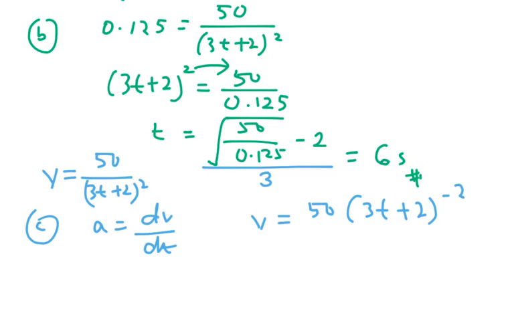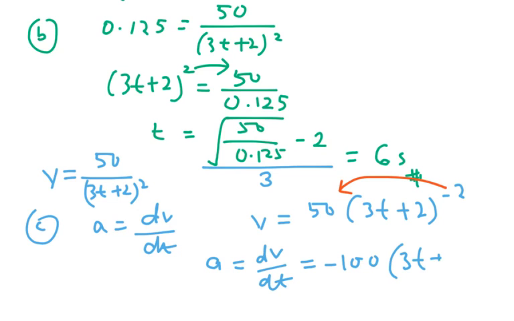Alright, so a = dv/dt, where differentiating will be bringing the power down, so getting negative 100 times (3t + 2) to the power of negative 3, times the derivative of 3t + 2, giving you 3.